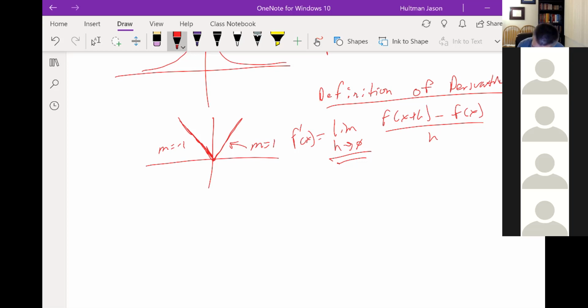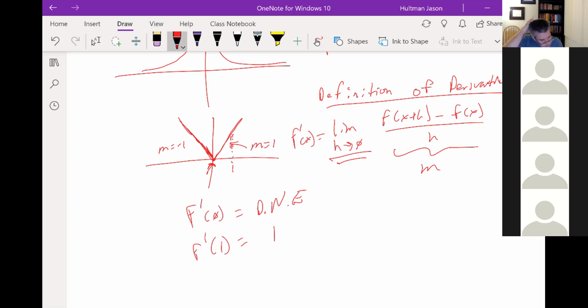At this point, we can't determine whether this slope, m, is -1 or +1. So we say that f prime of 0, again, does not exist. Now, does f prime of 1 exist? Yeah, it's 1. That's the slope at 1.